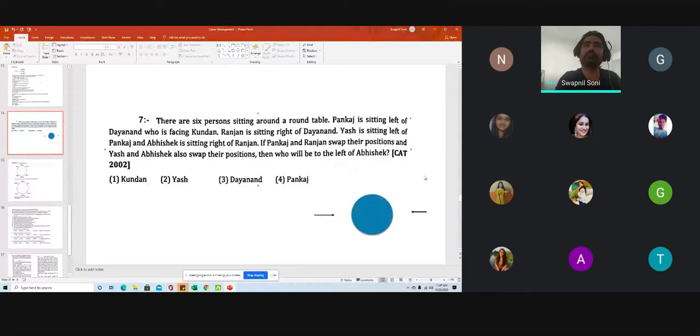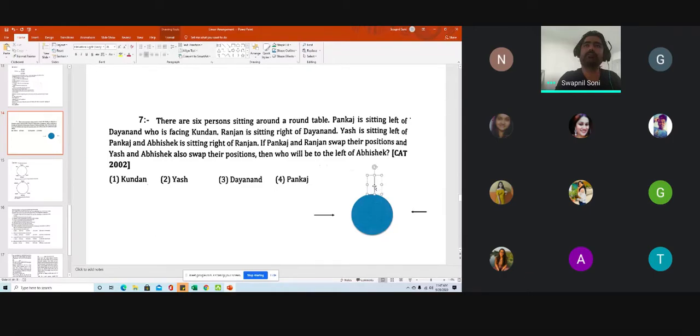Next, they have given all the names. Pick one name whose position is defined a lot with respect to other people. Like over here, Pankaj is sitting left of Dayanand, who is facing Kundan. Ranjan is sitting right of Dayanand. So a lot of information is shown about Dayanand here. So I'll pick Dayanand as my first person. Let's position Dayanand.